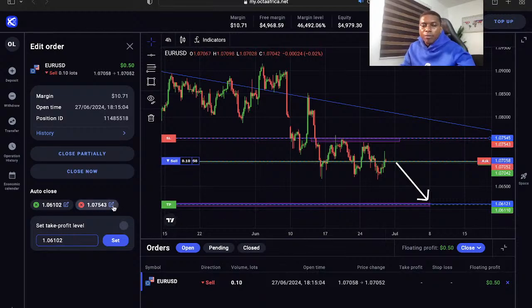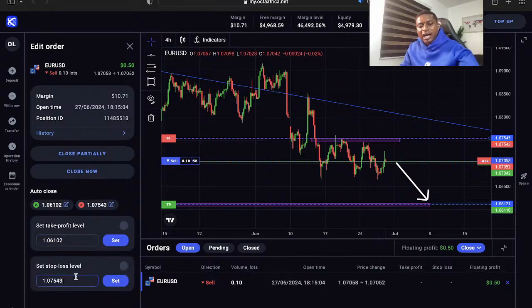I can equally come here and click on the edit button here too, and it pops out the opportunity, it gives me the privilege to manually input my stop loss level. Now this makes it very interesting and very flexible for you as a trader, which is one interesting thing that you want to also consider when looking at trading with the OctaTrader.